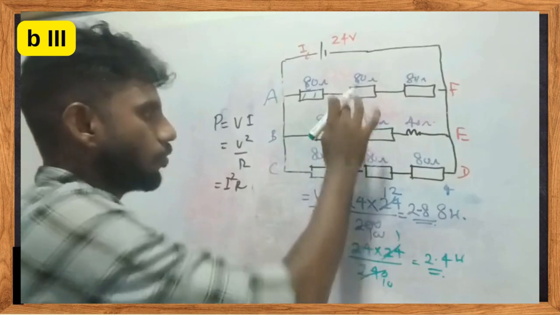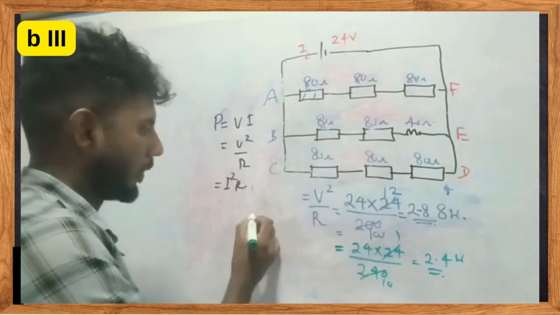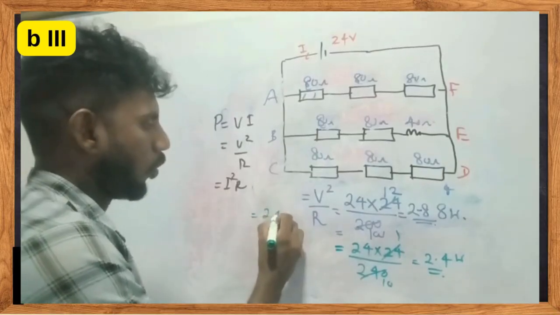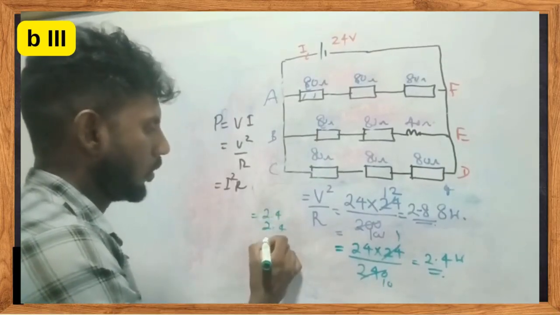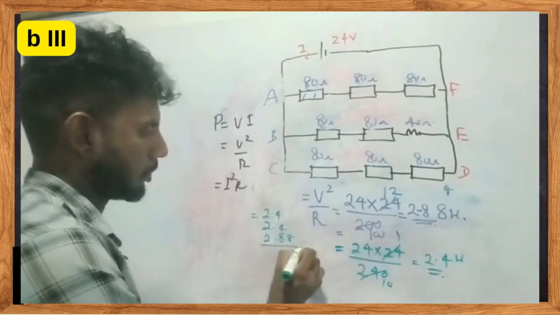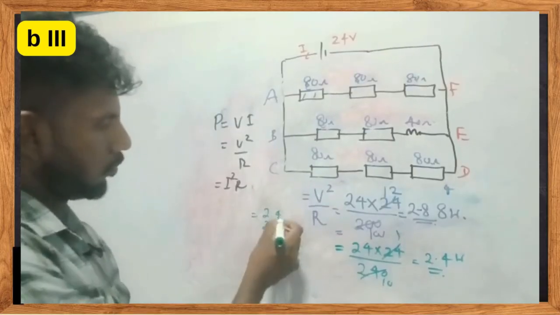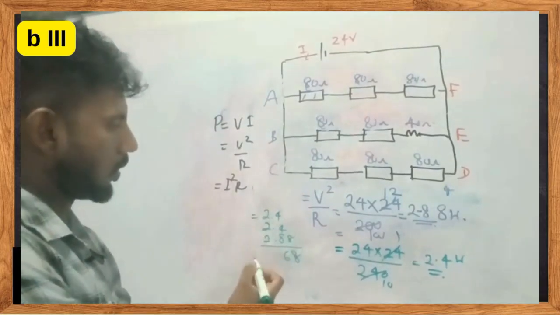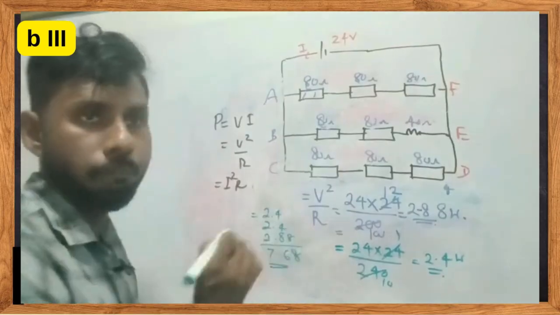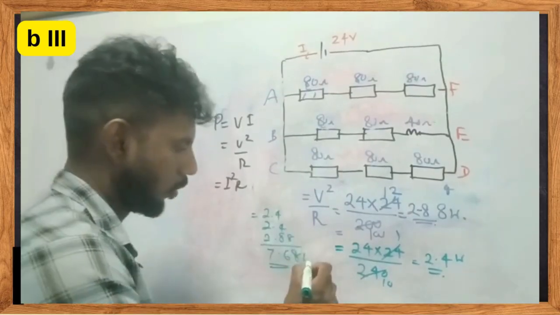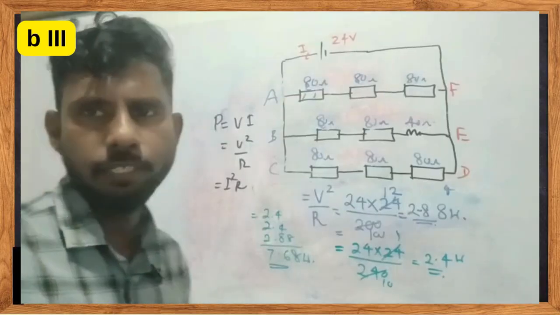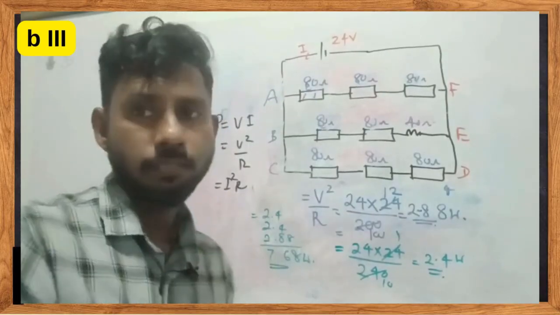So there are 2.4, 2.4 here, and 2.88. So 2.4, 2.4, 2.88 adds up to 7.68 watt. That's the total power dissipation in the circuit.